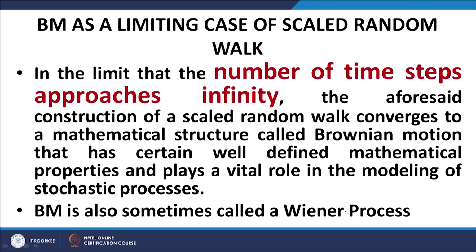We arrive at a certain mathematical structure, which has a very significant role in the entire gamut of stochastic calculus. It is known as Brownian motion, and we now derive the defining property of Brownian motion, and then we talk about its various properties.